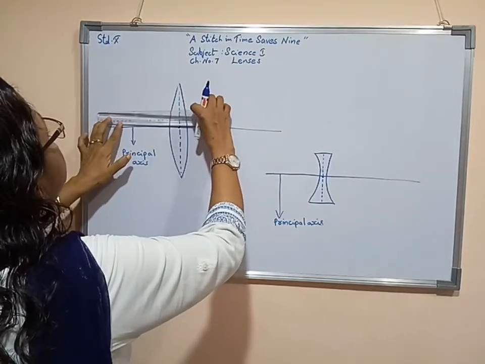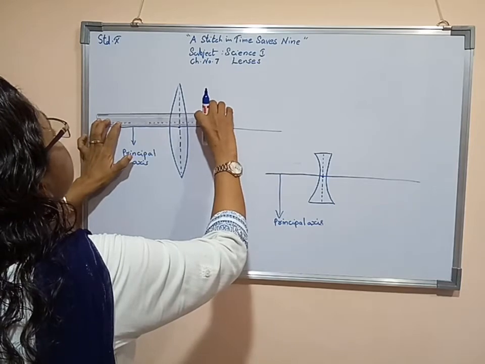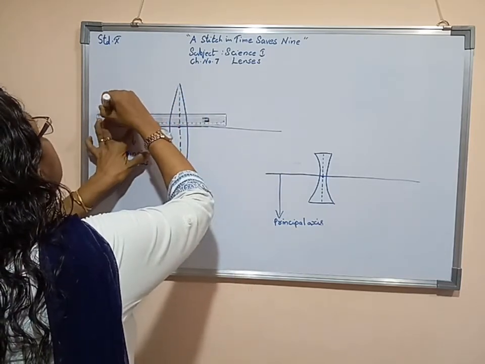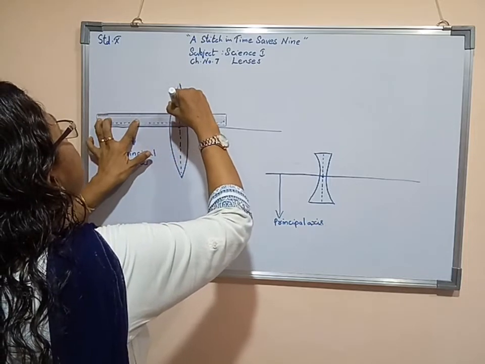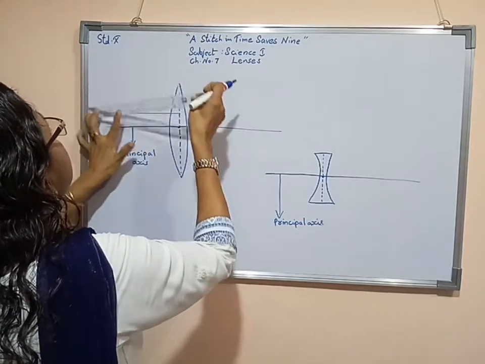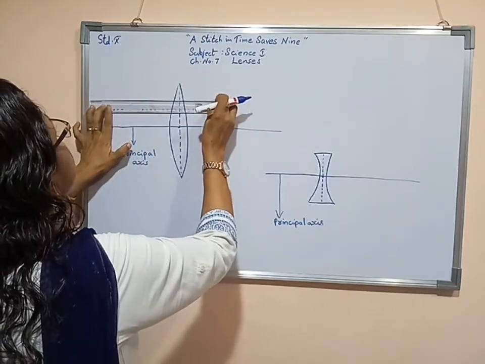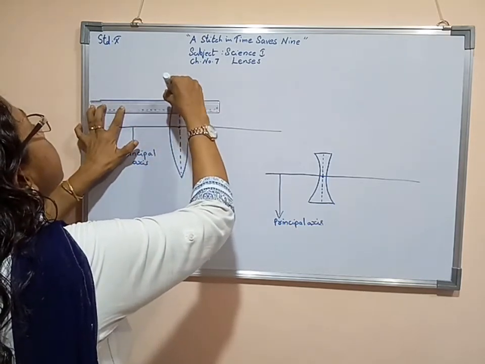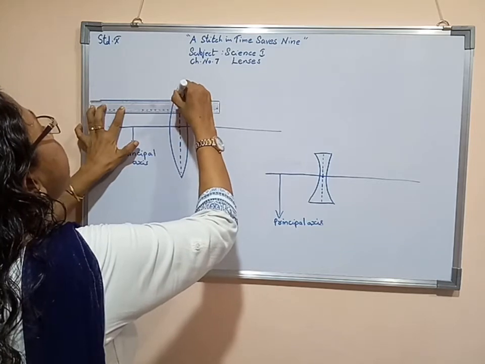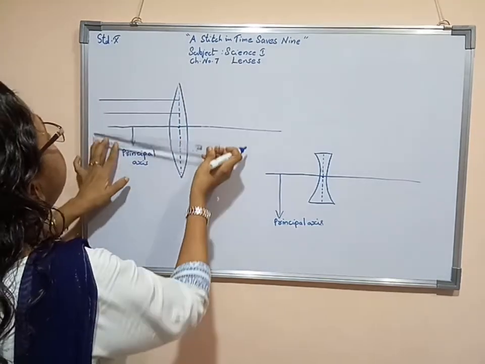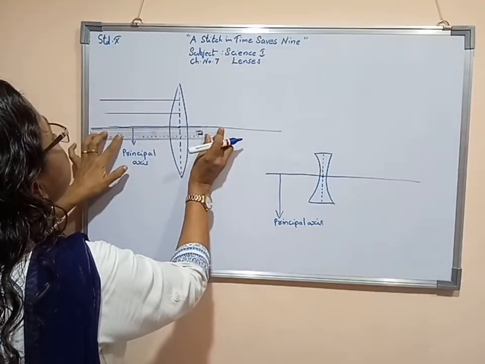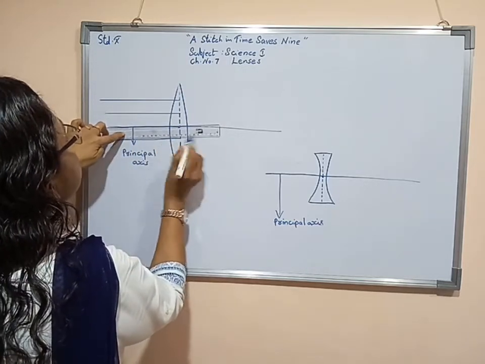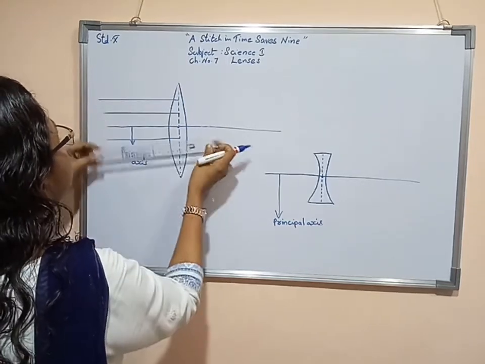Now I am drawing the ray of light passing through the lens. The line should be up to the center of the lens. Similarly, here also we will make it. Now the other one.